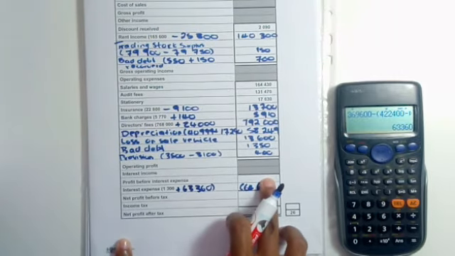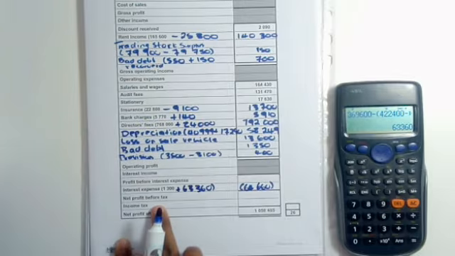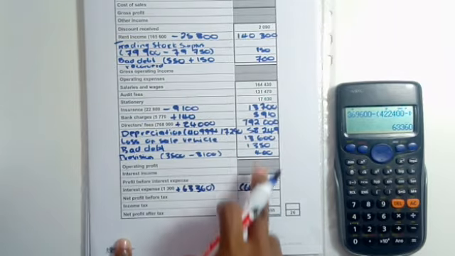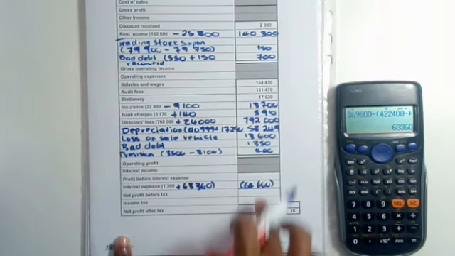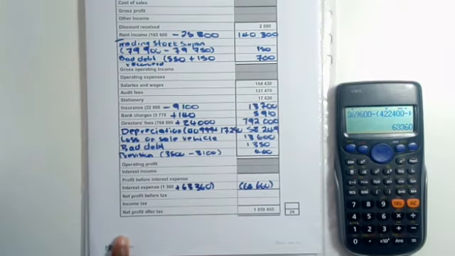So what we are going to do is figure out our income tax, and then we are going to work our way back to figuring out our net profit before tax, and then after that our profit before interest expense.